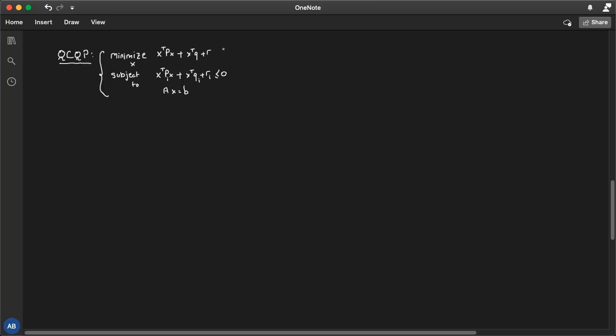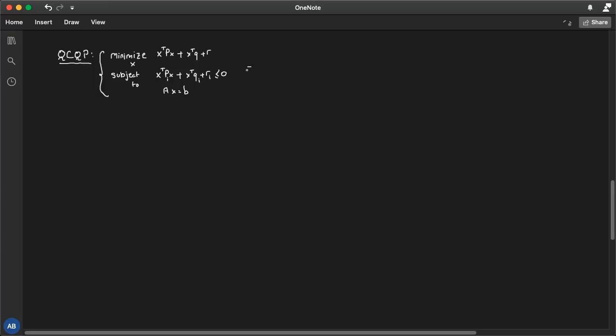The first thing you'd want to notice is that we're going to use the epigraph form. That is, instead of minimizing this quadratic function right here, we're going to minimize something simpler, which is linear in terms of our variables.